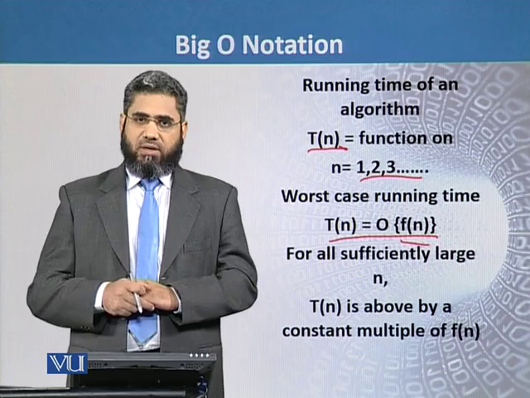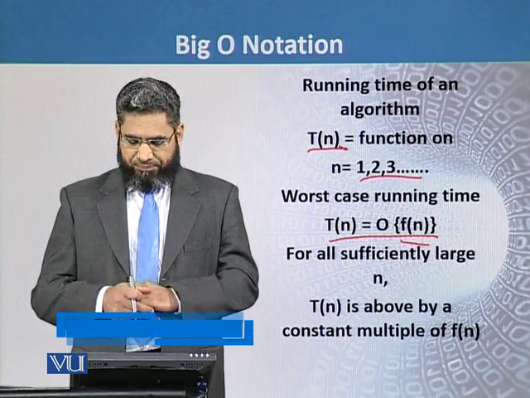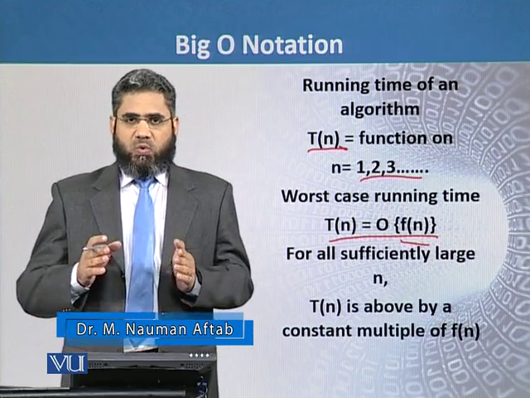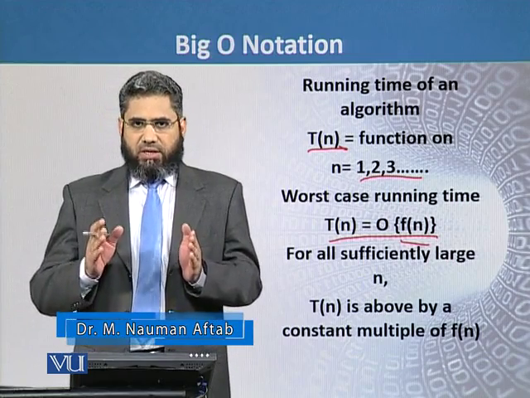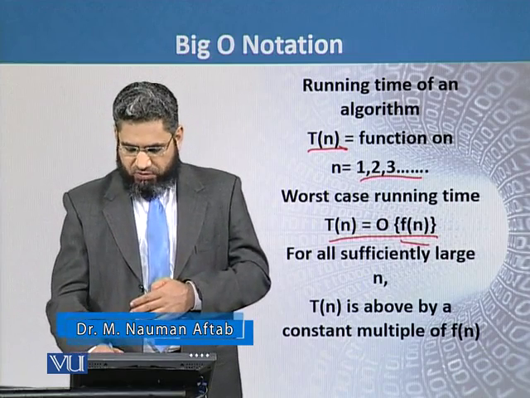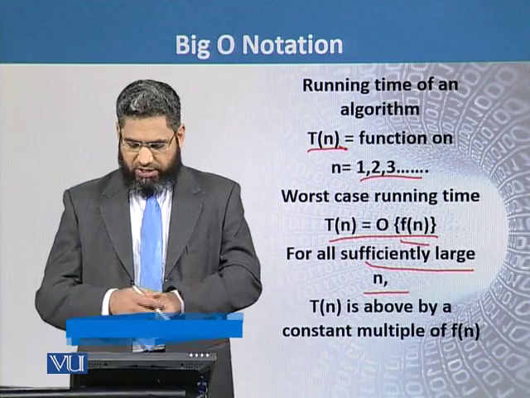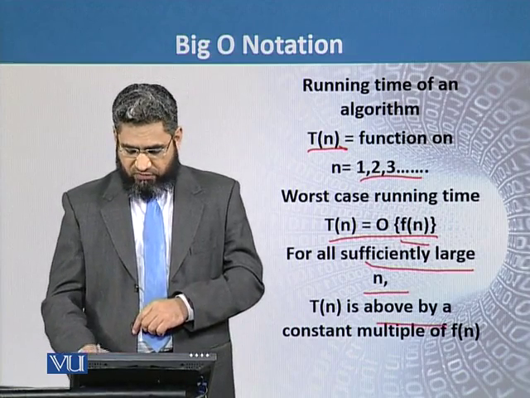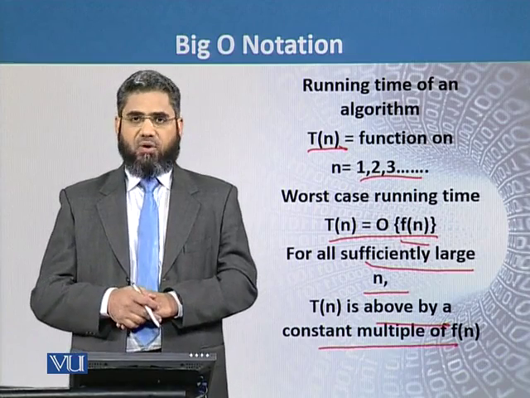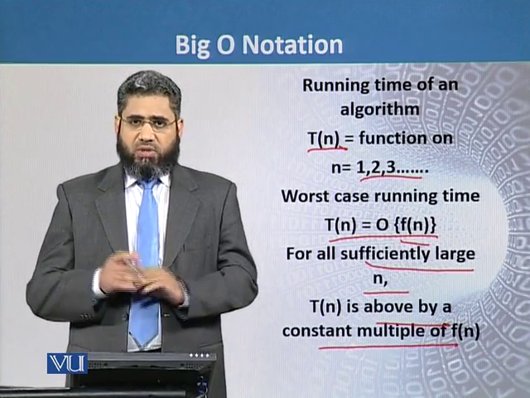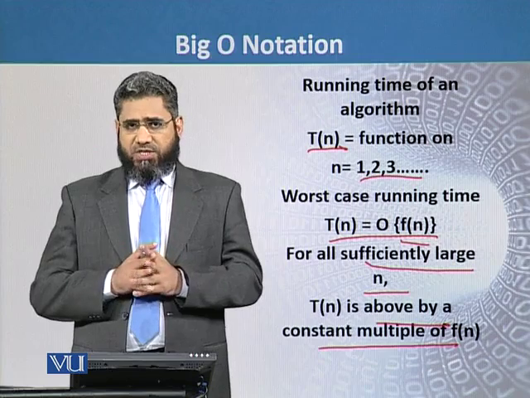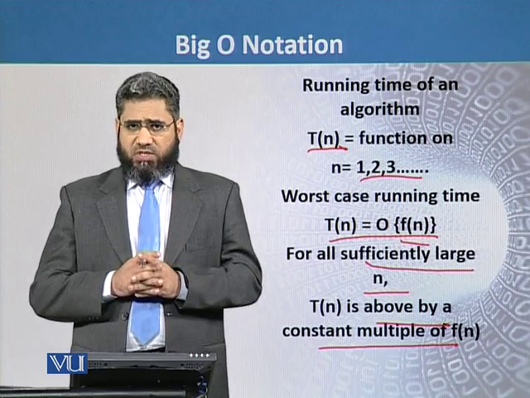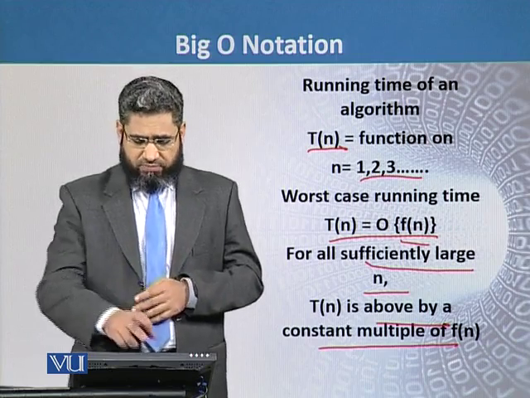To calculate it, we consider sufficiently large n, and we know that T(n) is bounded above by a constant multiple of f(n). So the main target of big O notation is to find the worst running time of an algorithm.